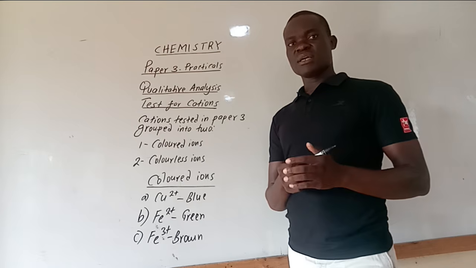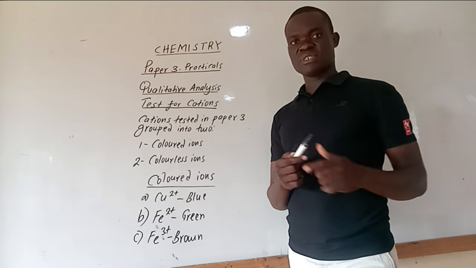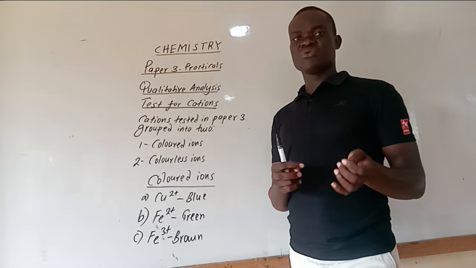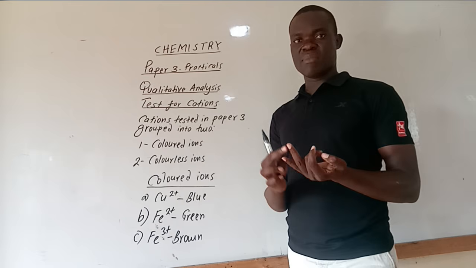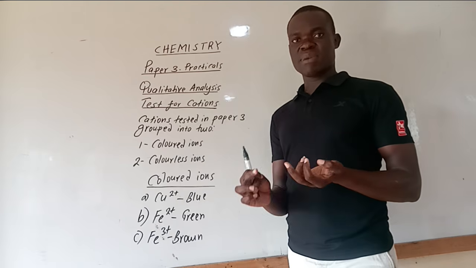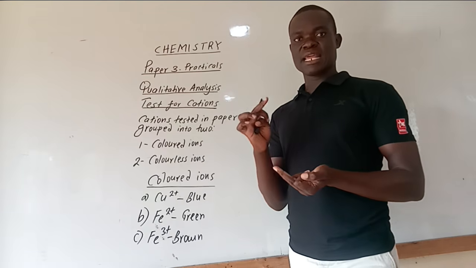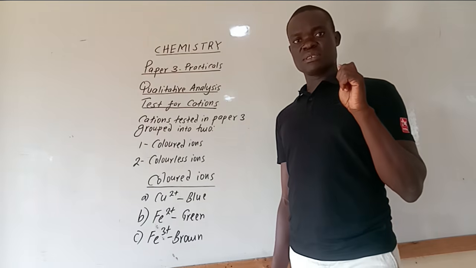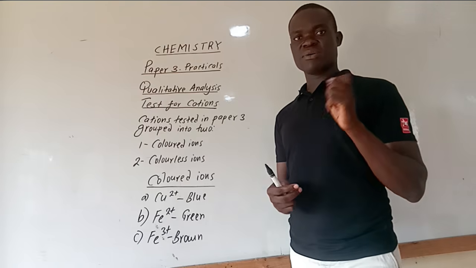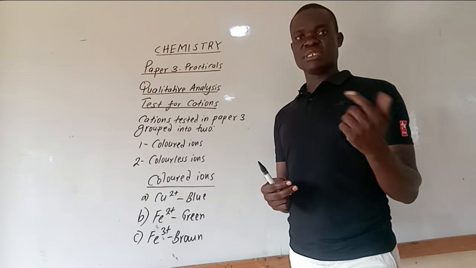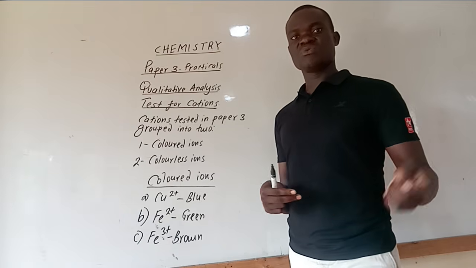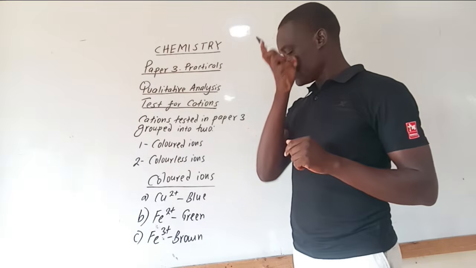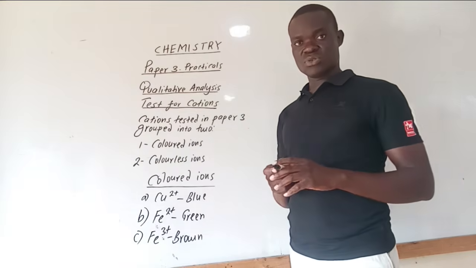If the solid dissolves and forms a colorless solution, our conclusion will be copper 2 ion, iron 2 ion, or iron 3 ion are absent, because if the solution was blue, we would say copper 2 ion present. If it was green, we would say iron 2 ion is present. But when it was brown, we would conclude that iron 3 ion is present in that solution.